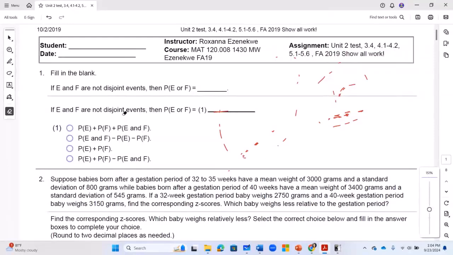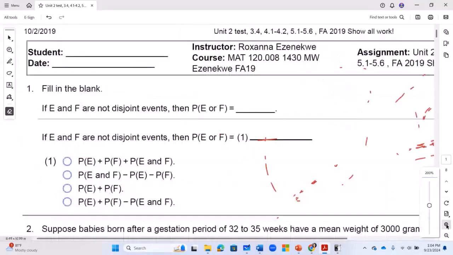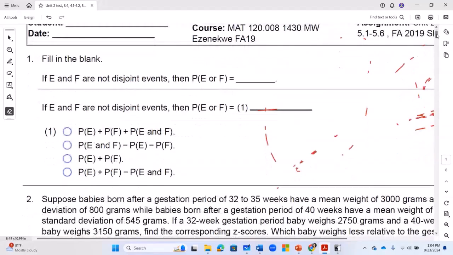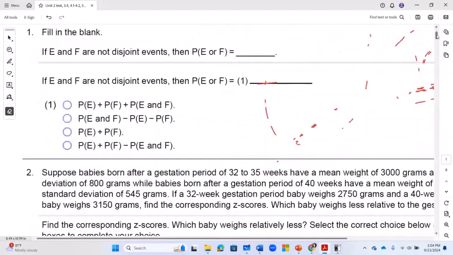Okay, if E and F are not disjoint, so everybody look, sometimes they ask a question that looks like it's a tautology. So E and F are not disjoint. If they are not disjoint, then they are joint.